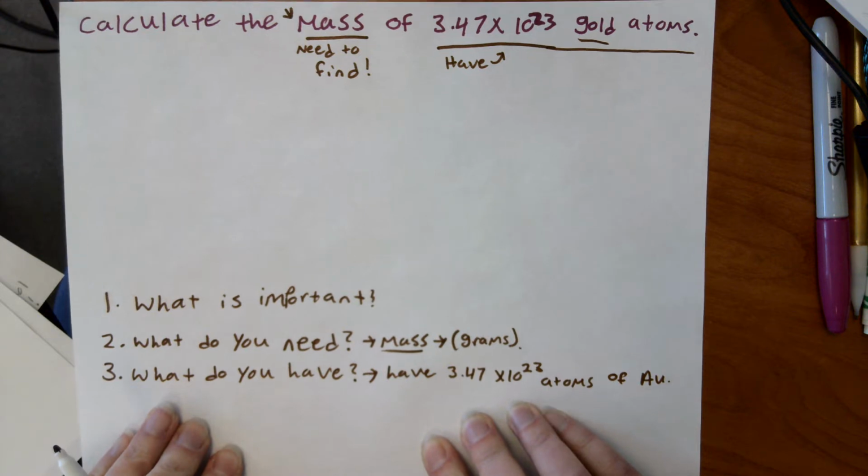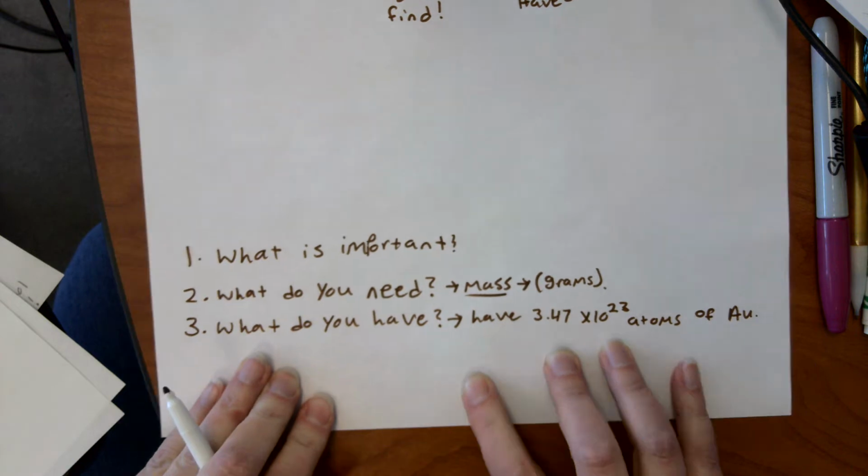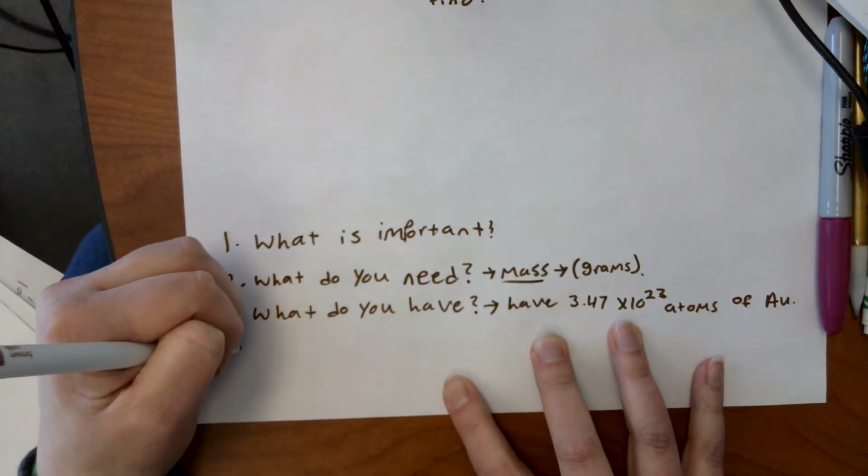Okay, so we have that many atoms of gold. Number 4.